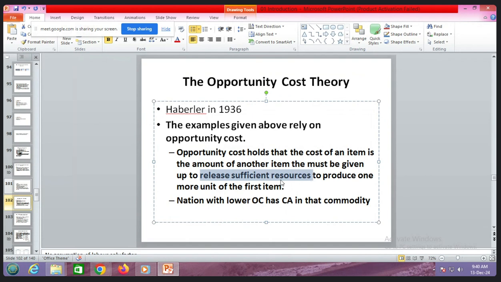Here he is not specifying what the resource is, whether it is a capital resource, labor resource, physical resource, natural resource, or any kind of human resource. But it is said that when I want to produce one extra unit of any item, I have to reduce the amount of another item, and the resource that I am releasing is going to determine the opportunity cost.